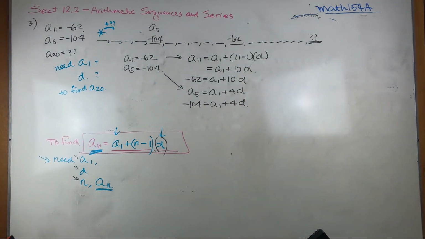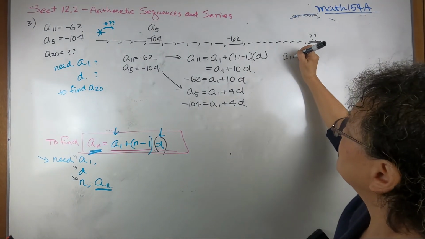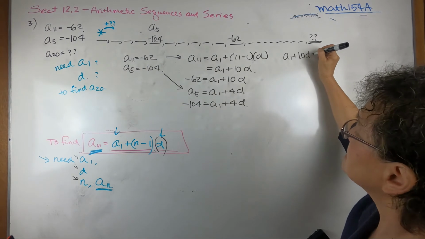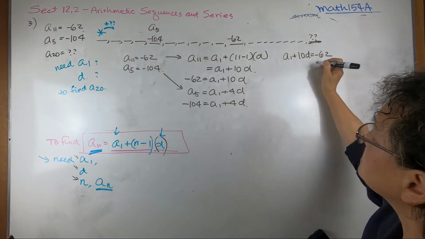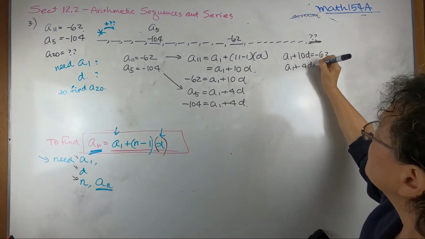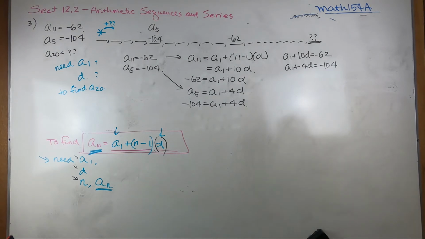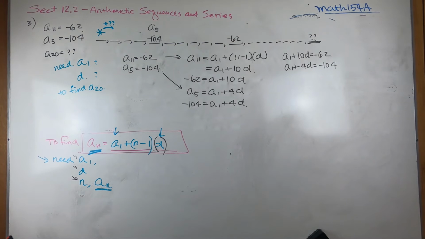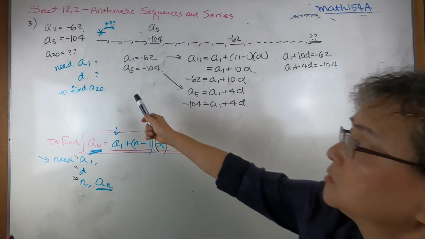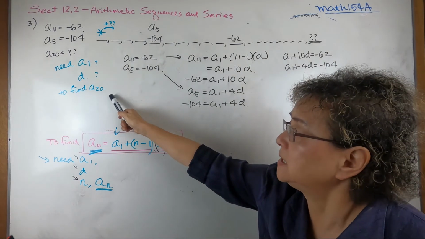Then at least we know that much, right? If I write it this way, A1 plus 10D is negative 62, and A1 plus 4D equals negative 104. Right? You look at it and say, so what? Where is my A1? Where is my D? Because that's what we need to be able to predict A20.